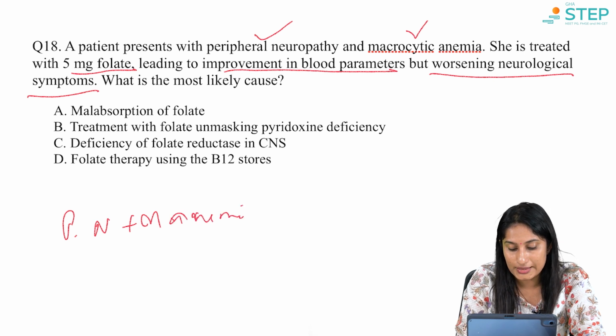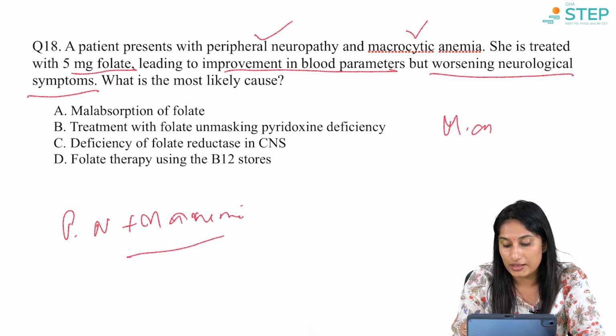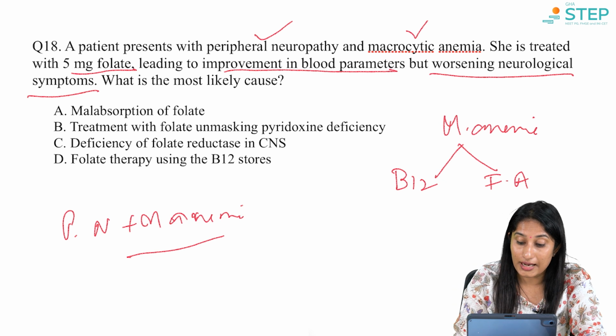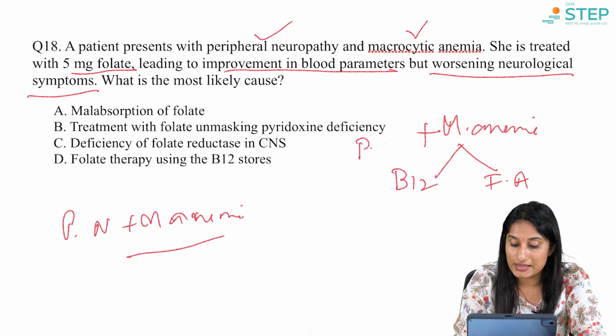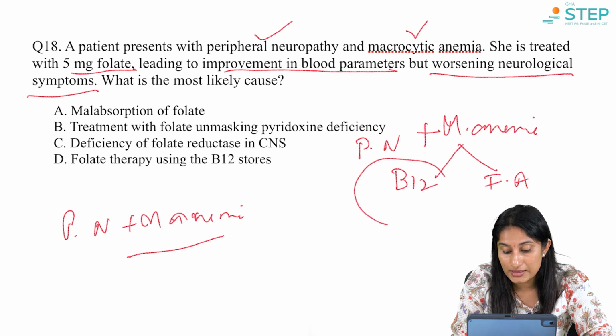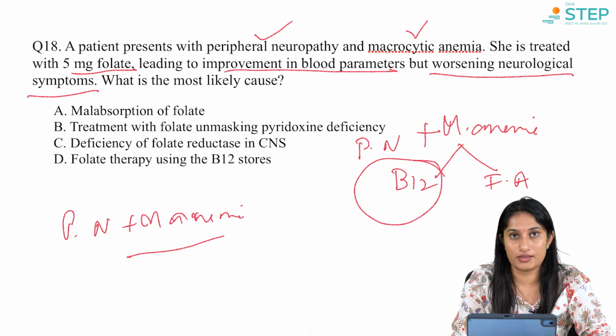Alright. So, first let us see macrocytic anemia. What are the two important causes? One is B12, another is folic acid. Now, if macrocytic anemia is combined with peripheral neuropathy, you have to remember it is B12 deficiency.